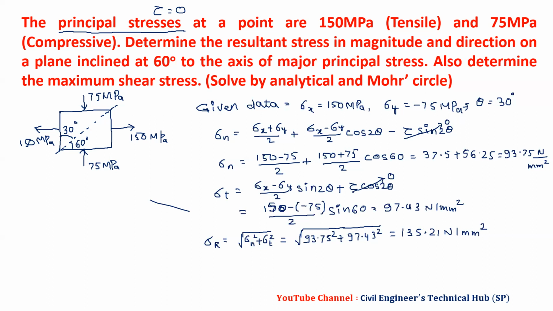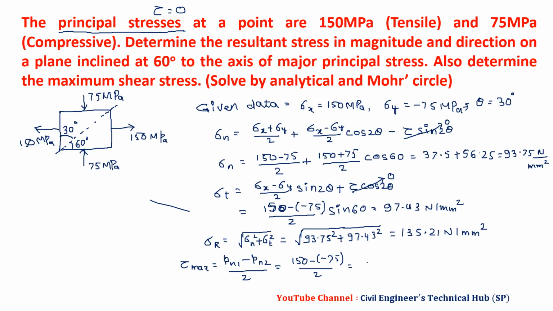Then we are asked the maximum shear stress. So tau max is (Pn1 minus Pn2) upon 2. Now we have Pn1 150 because these are principal stresses, minus of minus 75 upon 2.